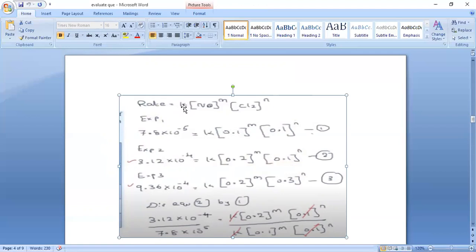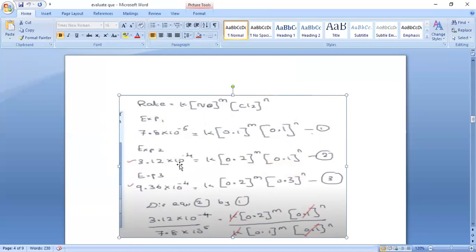So next one is experiment number 1. Rate value equal to 7.8 into 10 power minus 5 equals k, and then NO initial value is 0.1, and then Cl2 initial value is 0.1. This one we are taking as equation number 1.